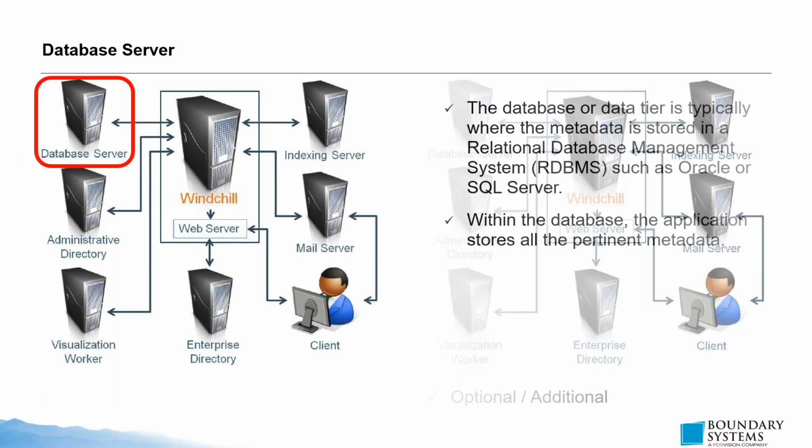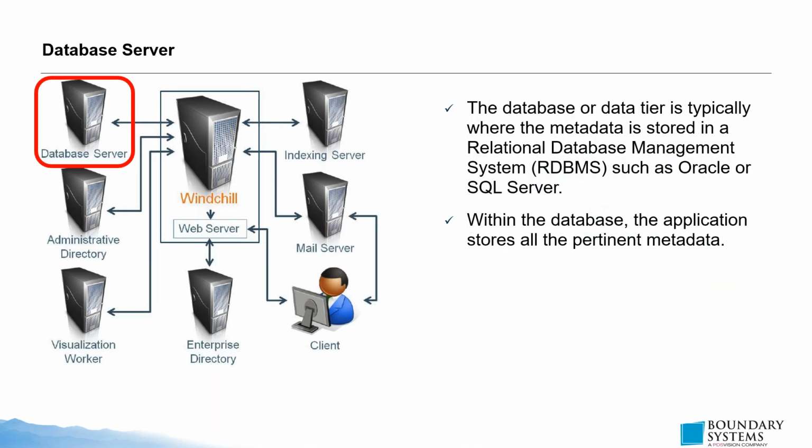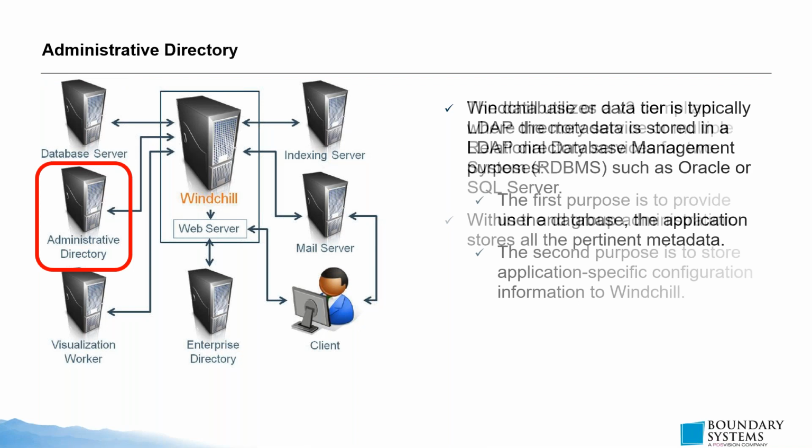The database server: PTC supports Oracle and Microsoft SQL Server at the moment, and that is where all the relationship and metadata information that you see inside the Windchill interface is stored. Then the next one, the administrative directory.